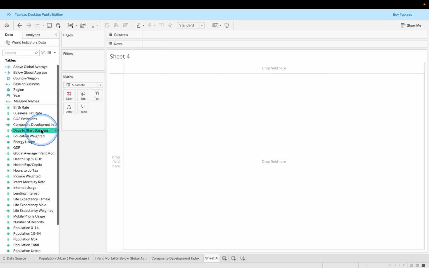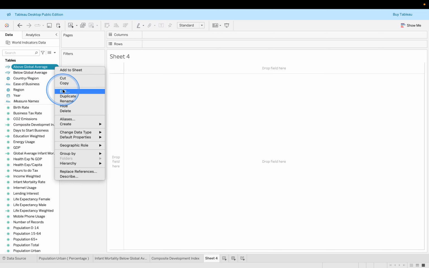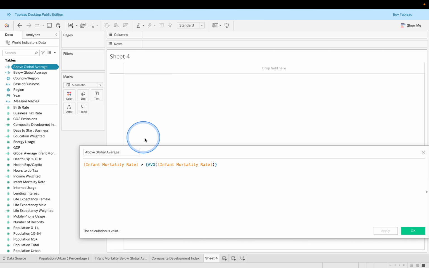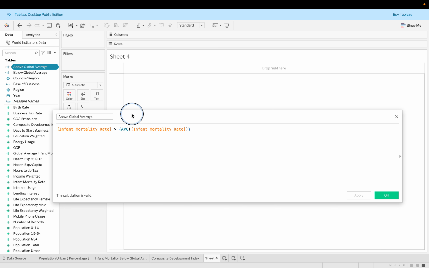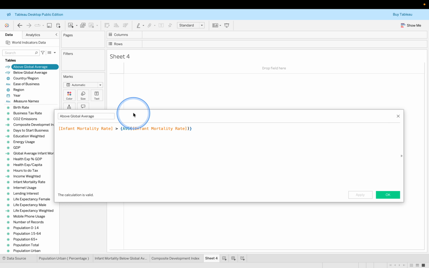Let's start from the top. We have the above global average for infant mortality.